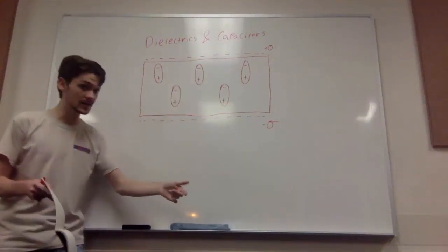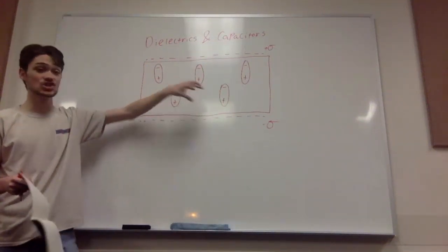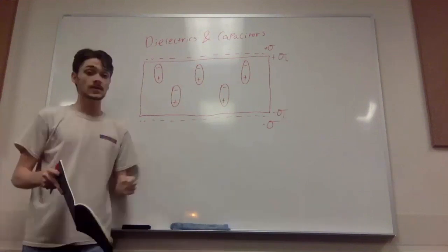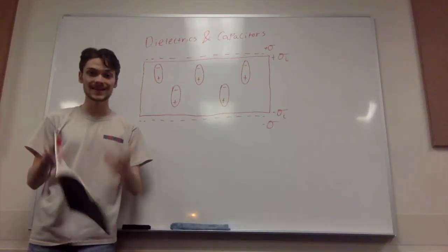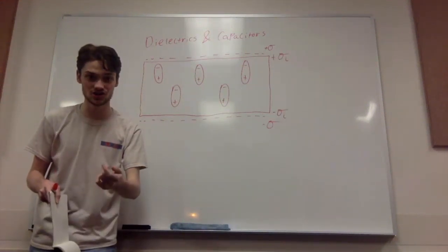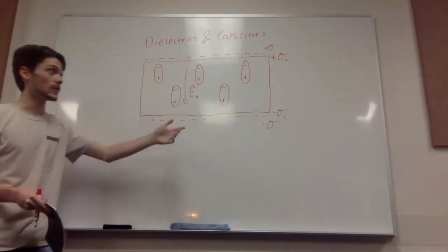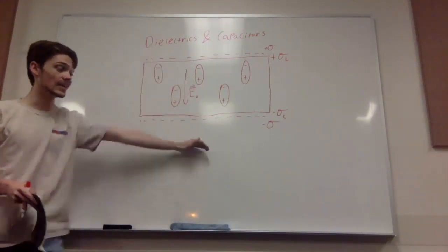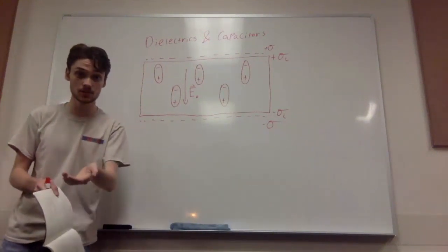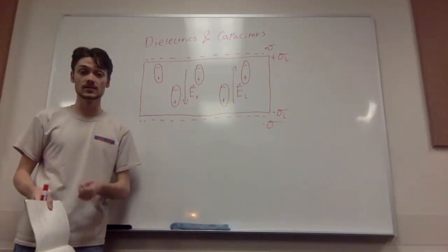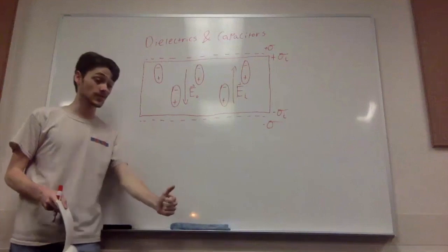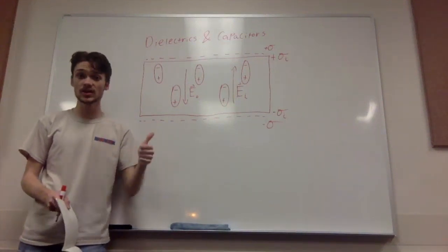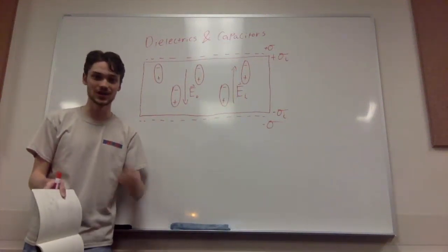So despite the dielectric not having charge in and of itself, there is going to be a positive and negative induced charge density. And we already know that there is going to be an electric field between the positive and negative charged plates of the capacitor. This induced charge density is going to create an electric field running in the opposite direction. An induced electric field, if you will.